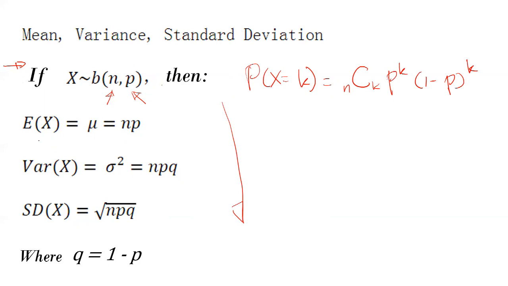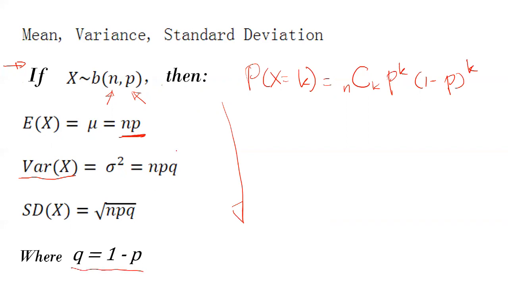And then the expectation of X is n multiplied by p. n is the total number of trials. p is the probability of being successful in each trial. The variance of X is npq, where q is 1 minus p.